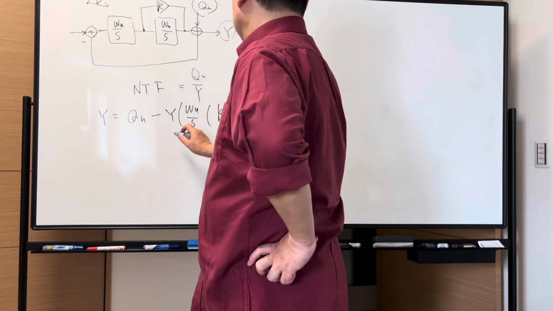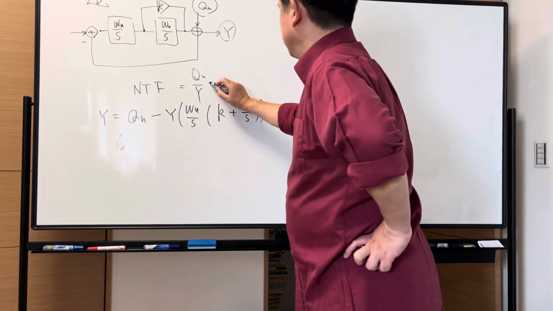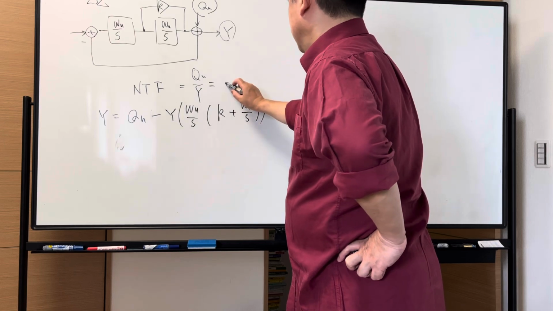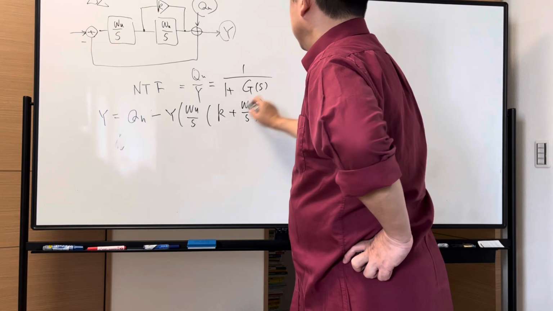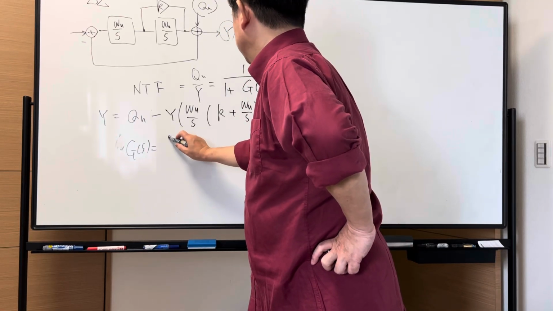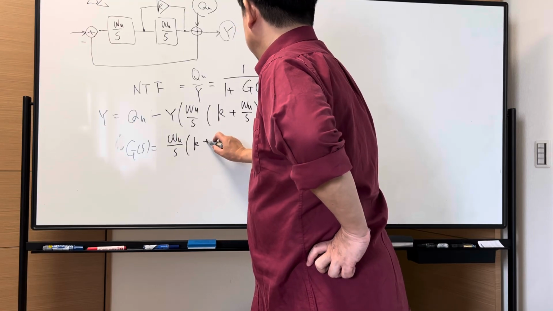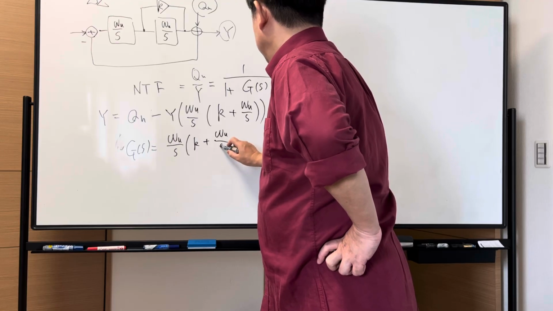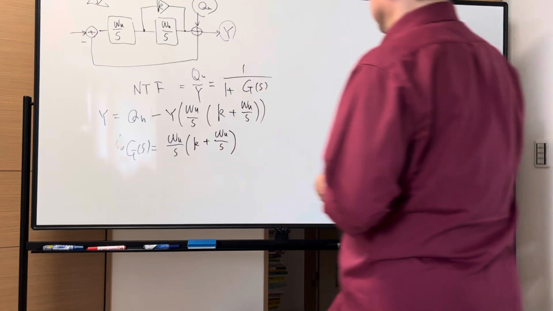So this NTF is written as 1 over 1 plus G of s, where G of s equals omega sub u over s multiplied by the constant K plus omega sub u divided by s.